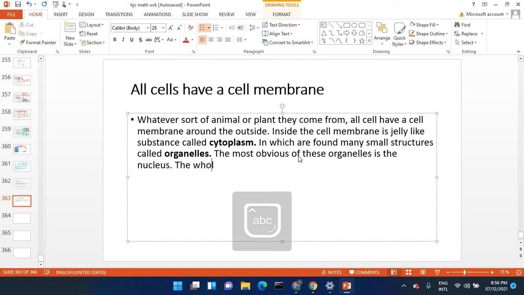The whole content of the cell is called protoplasm.